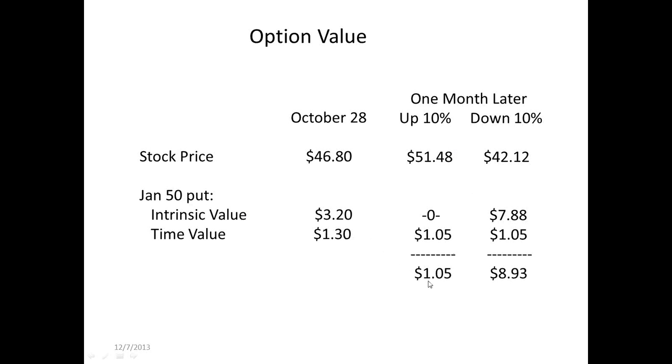Time value erodes as it gets closer to expiration. It would stay the same at $1.05. So if the market for DuPont goes down 10%, your option from $4.50 goes to $8.93. You can see that the stock dropped 10%, but the option almost doubled.